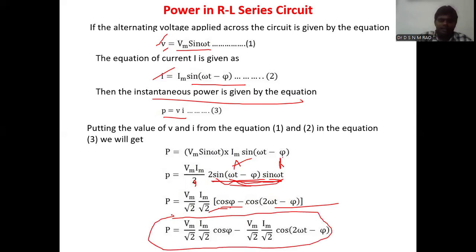Now I want to calculate the average power. Average power is obtained by integrating the instantaneous power over one complete cycle.